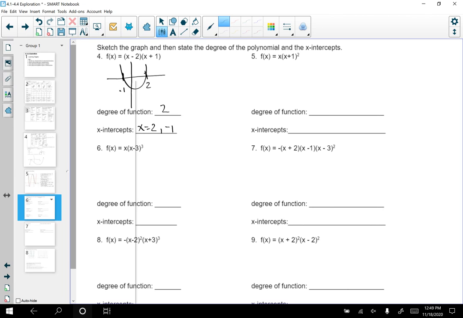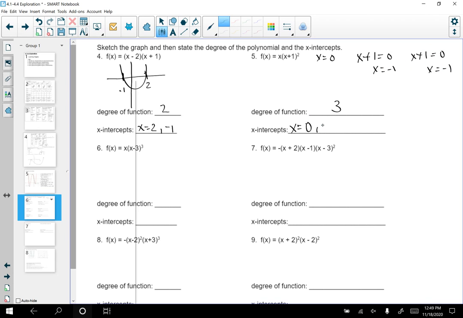Right, something like that. Here I know this is third degree, right, 2, and that's a 1 on there. My x-intercepts are x equals, set this equal to 0, I get x equals 0. X plus 1 equals 0, x plus 1 equals 0. I get x equals -1, x equals -1.